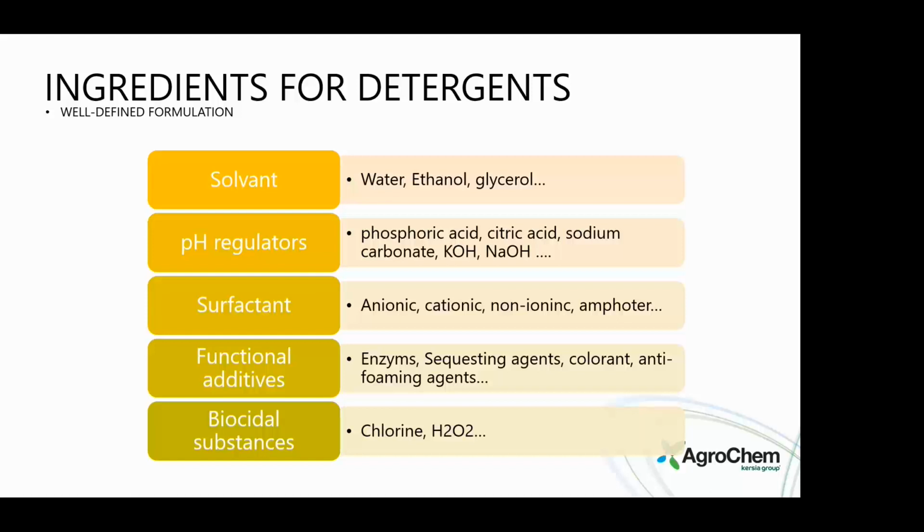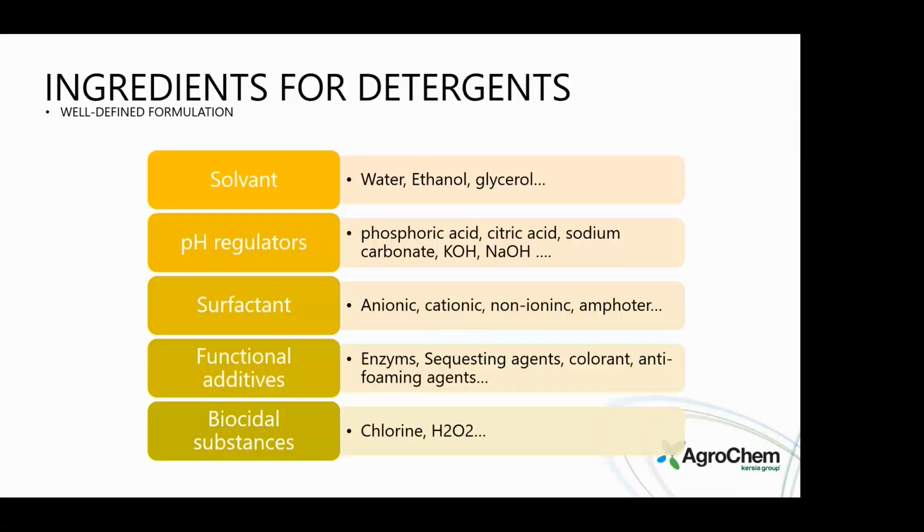Ingredients in each of our detergents. So this is by detergents, we're talking about the acid and alkaline based here. So we could have solvents, so whether it's a water, an ethanol, a glycerin, all something in there to be the solvent aspect of it. The pH regulators, these pH regulators being either acid based or the alkaline based, bringing the pH up or down from a standard average water pH level.